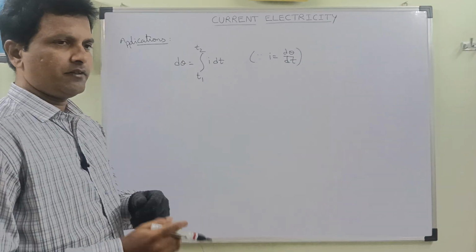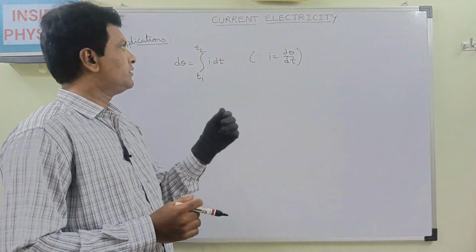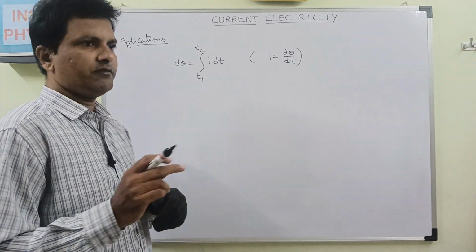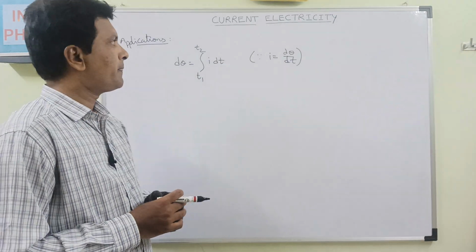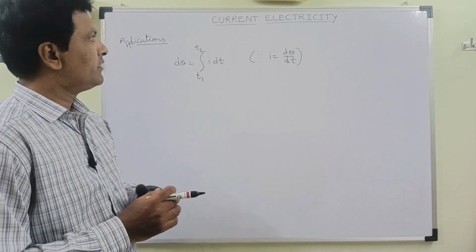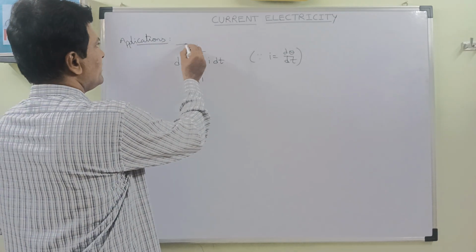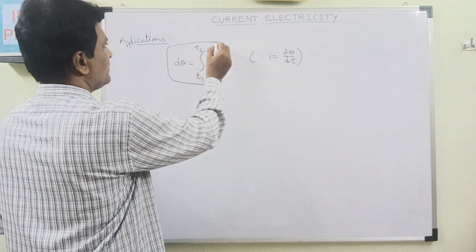This is the average current that flows between a time of t1 and t2 seconds. In this way the average current is represented by this integration form.